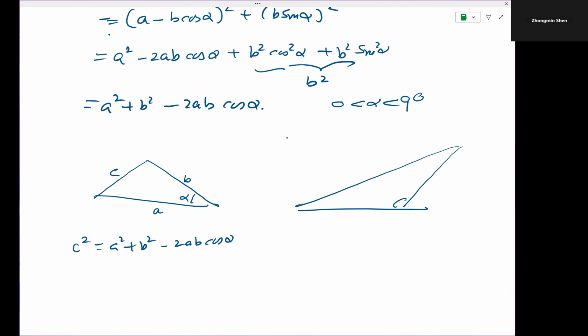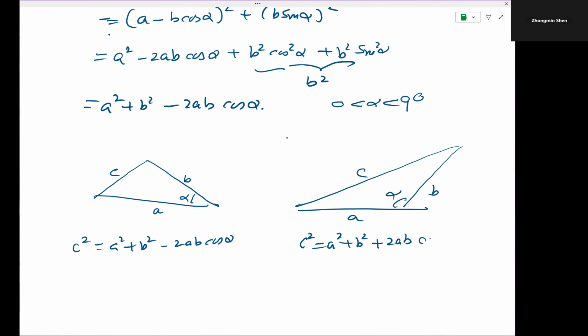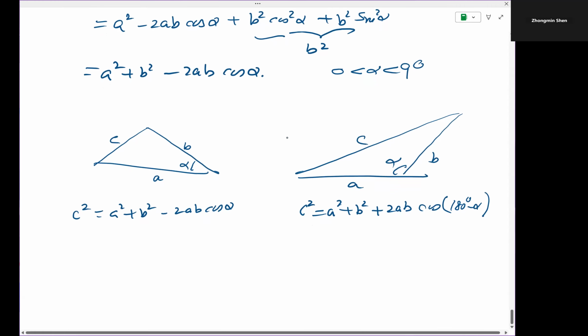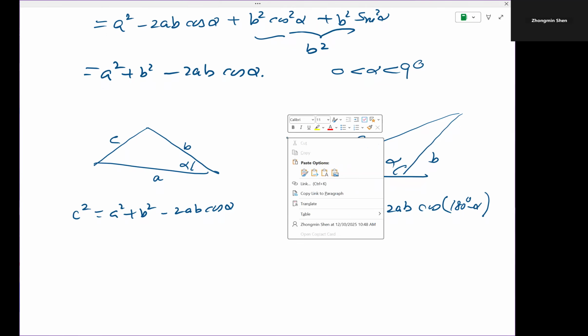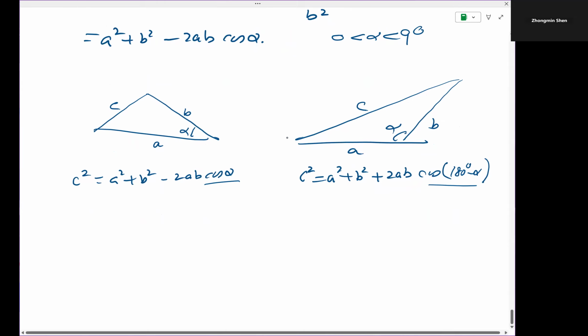If this alpha is here, this will be c squared equals a squared plus b squared plus 2ab cosine (180 degrees minus alpha). Now, it turns out these two can combine into one form. So what's the relationship between this and that?